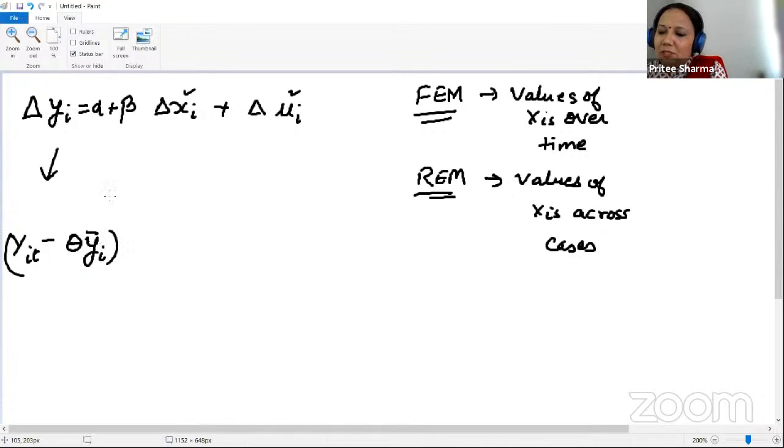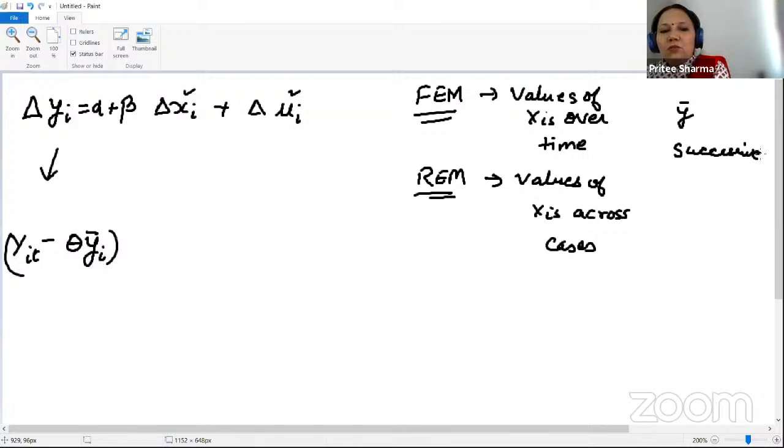This is the differencing method that is going to give us the random effects transformation. So you remember in the fixed effect models, one was we were seeing the deviation from the mean, right? The other one was we were doing the deviation from the successive values, right?